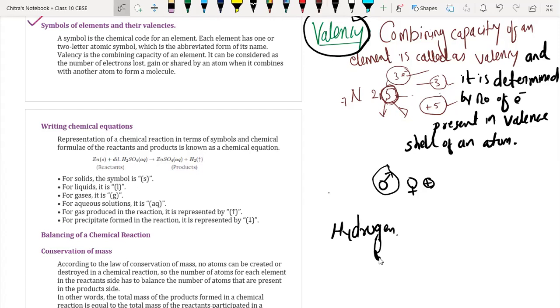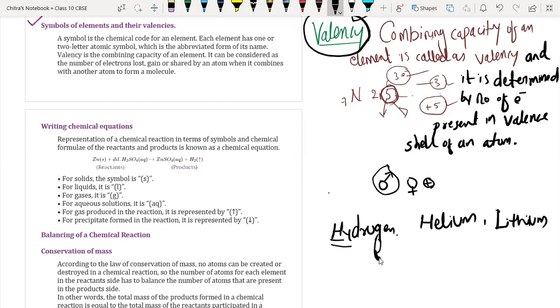Then they named the second element helium, then the third element lithium. To represent the element by its full name in the periodic table in a short form is again not possible. That's why they used the first letter, or the first letter along with the second letter.